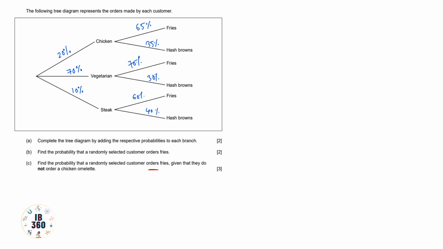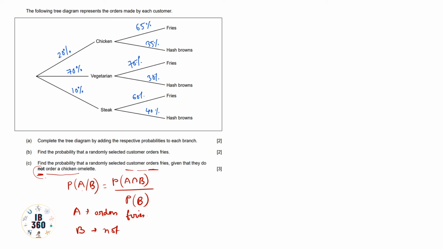Here we will use the theorem of probability, that is P of A given B equals P of A intersection B divided by P of B. So A will be orders fries, and B is not ordering chicken omelette. You have to see the bold option, that is not. So B is not chicken.